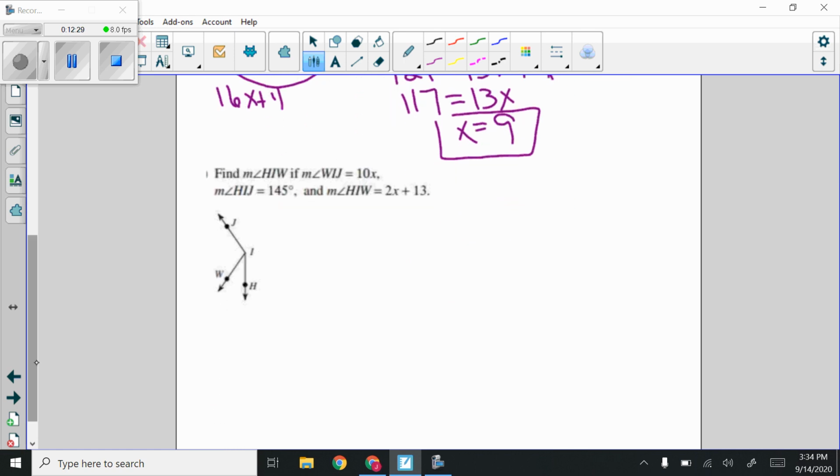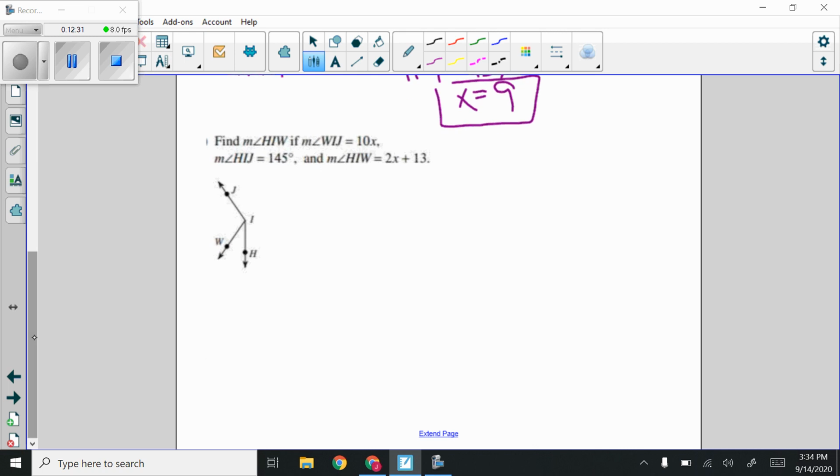All right, last example. Find the measure of angle HIW if the measure of angle WIJ, so WIJ, this one right here is 10x. Measure of angle HIJ, so that's a great big one, is 145. And HIW, this little spot in here is the 2x plus 13.